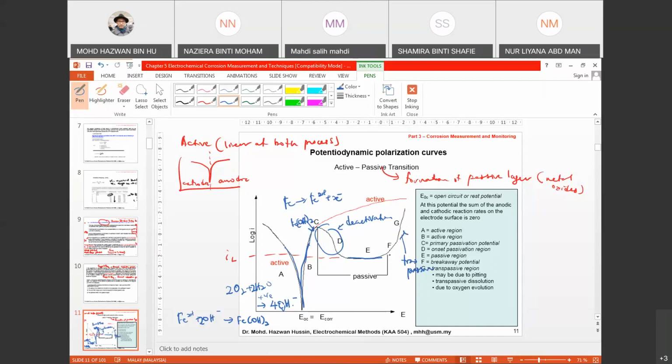Because if you notice over here, the current density starts to become constant and suddenly it goes up again. So what actually happened? Earlier I told you, you have Fe2+, and then when it starts to corrode, it will start to form Fe(OH)2.